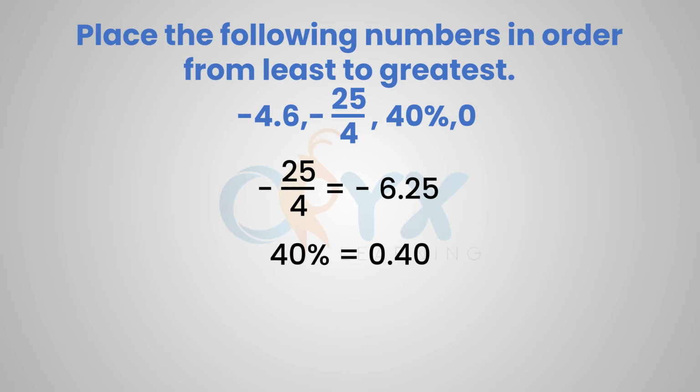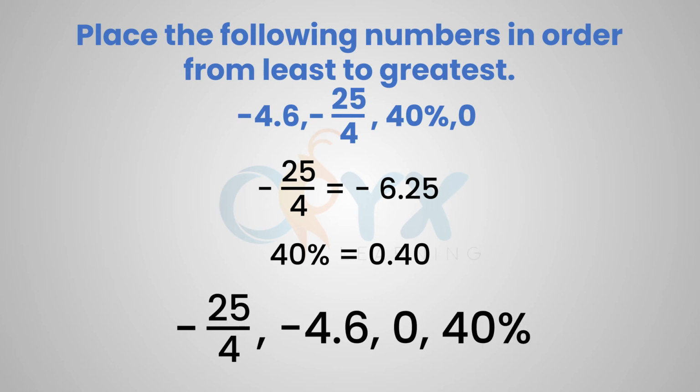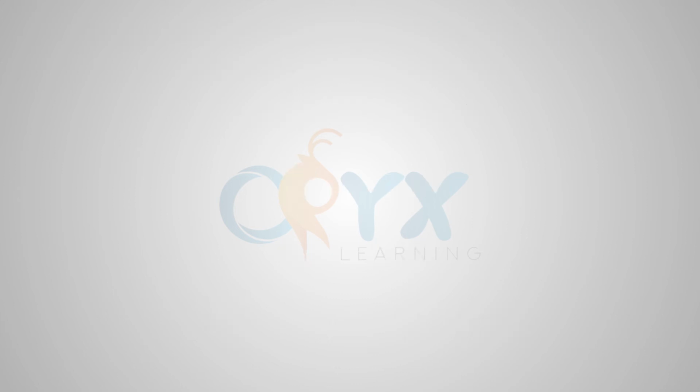So comparing these four numbers, the smallest value is that -6.25, which represents -25/4. Next would be -4.6, then 0, and then our 0.4 or 40%.